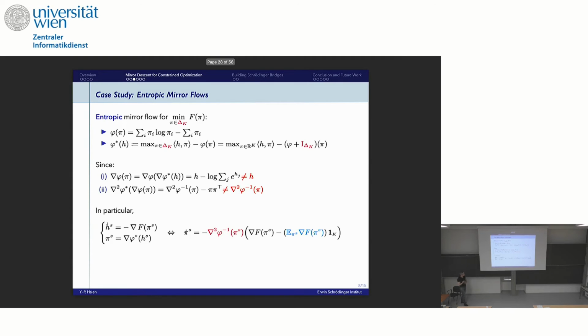And in particular, if you try to minimize a function f, but subject to the simplex using the mirror flow again, and you redo the computation that I showed you in the past slide, you'll see that the derivative of the primal variable now has a different form. So first, you have this prefactor that is exactly the same as the unconstrained case.